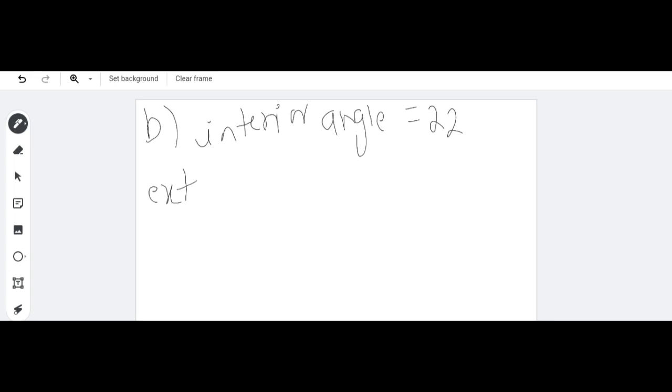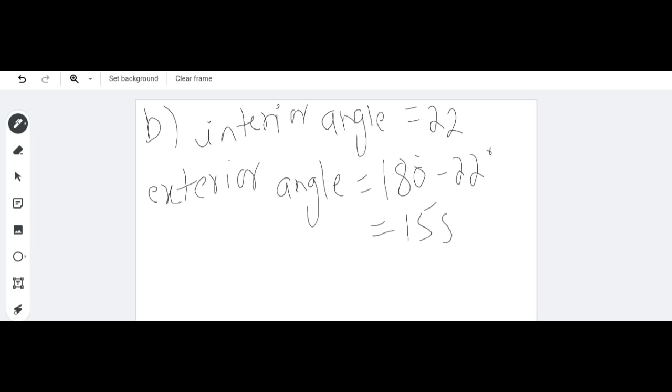If we are given the interior angle, we can find the exterior angle from it. How can we find it? Like this. If we have the value of the interior angle, we can find the value of the exterior angle. Simply subtract the given interior angle from 180, then the answer will be 158.